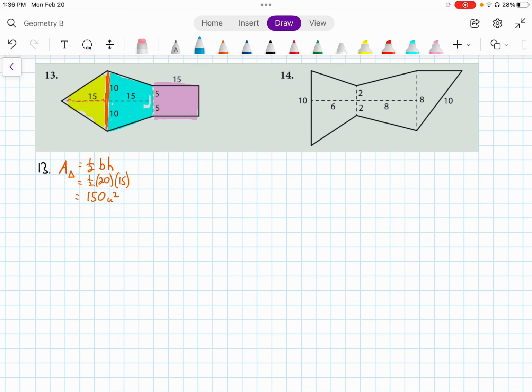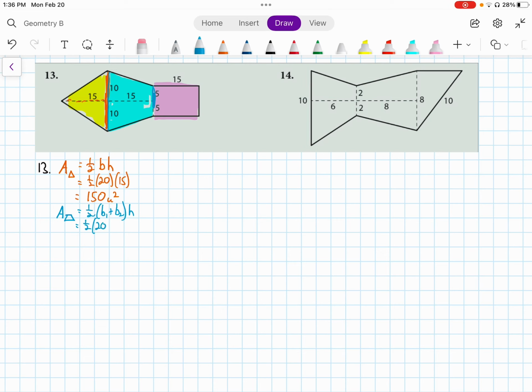This is a trapezoid. And that's 1/2 base 1 plus base 2 times the height. We start filling stuff in there. The two bases, well, one base is 20.